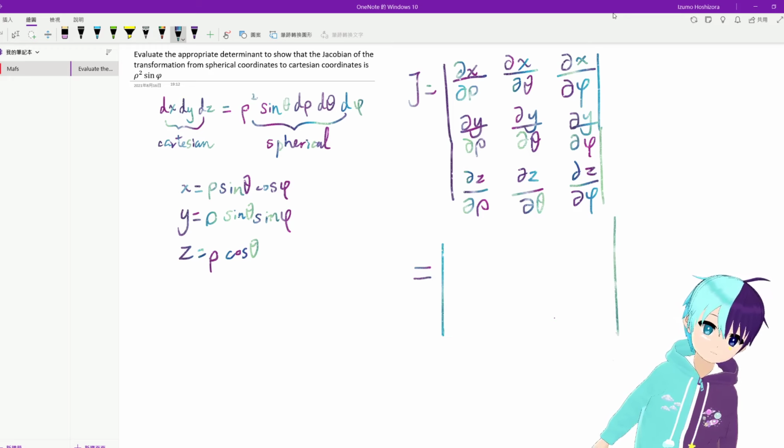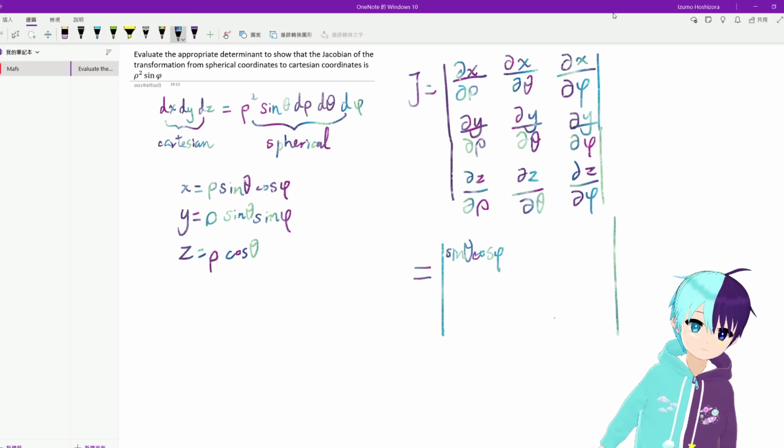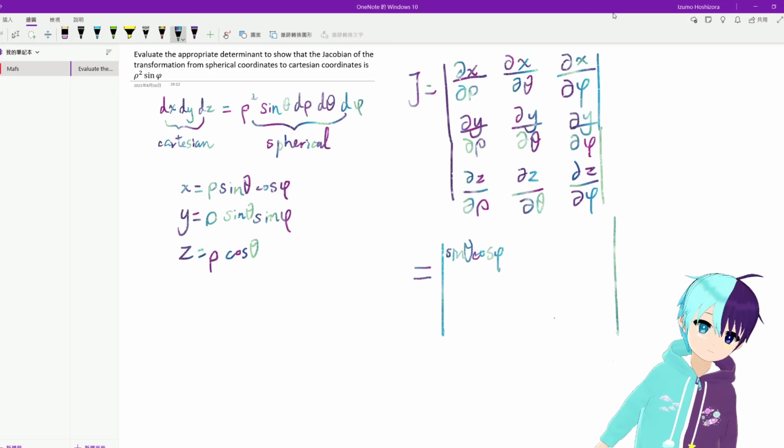First of all, we have the partial of x with respect to the partial of rho. If we differentiate with respect to rho, it would just be sine theta cosine phi, because it will be the coefficient of rho. So the first item would be sine theta cosine phi. The second item would be with respect to theta.